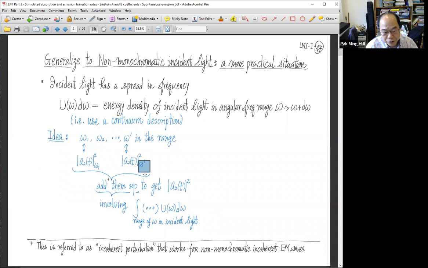So this is my range. Therefore, if the incident light consists of all these different frequencies, I could add up all this A2 square to get the total effect, how this narrow beam of incident light, narrow in frequency, induces transitions. I add up the effect of different frequencies. So let's put this idea into a mathematical formula.